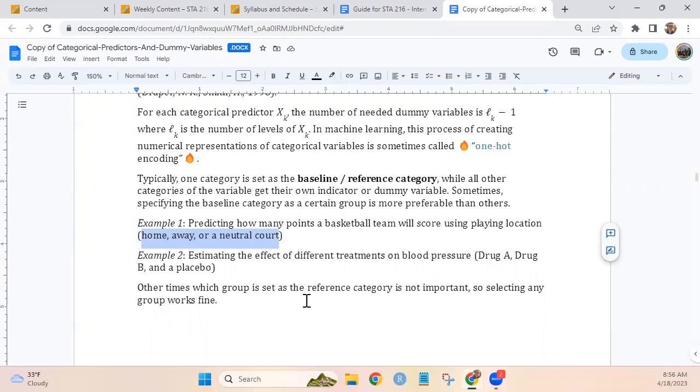They play a little bit better at home. So this is categorical information that we could encode in a predictive model for basketball games, where we would need a dummy variable indicating if they're home, a dummy variable indicating if they're playing away, and then teams can also play on a neutral court. Essentially, neither team is home or away, and that could be the reference or baseline category.